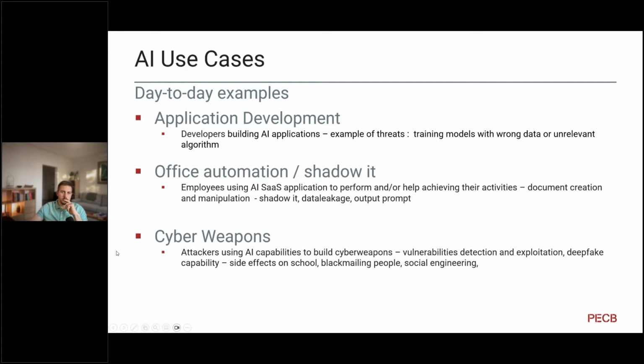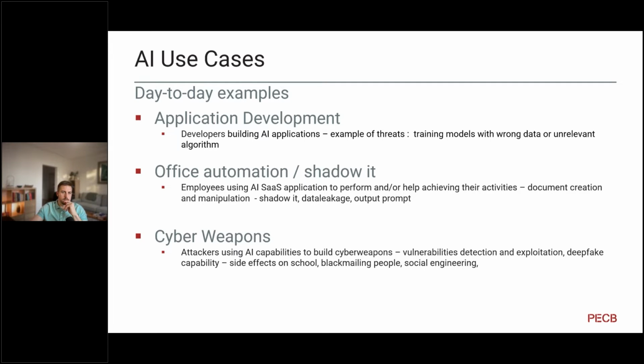Another use case that we can talk about is data automation, and I put the word shadow IT because every colleague in the company was really happy and is very happy to use some application like ChatGPT or any other AI application, which can be very useful to make them work faster than today.